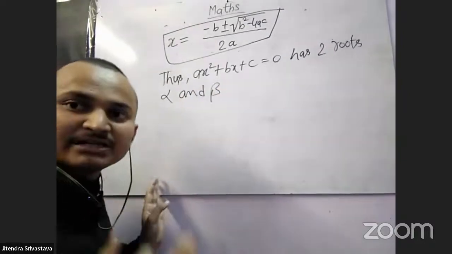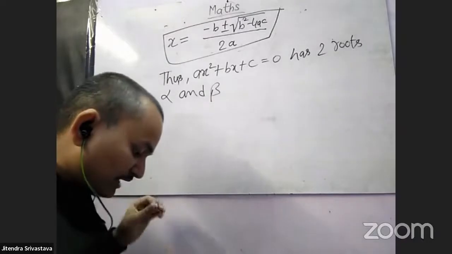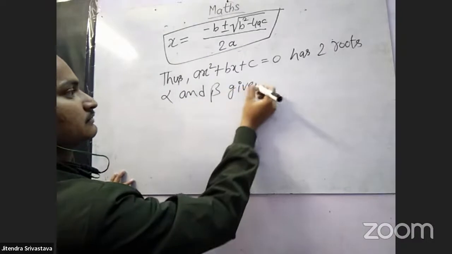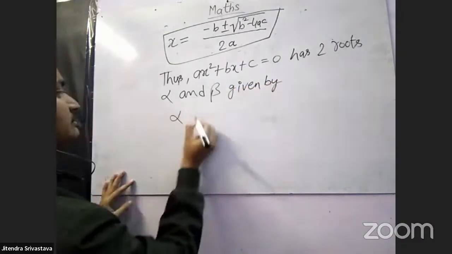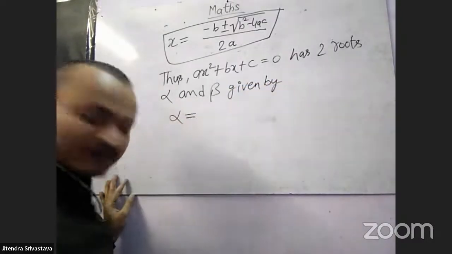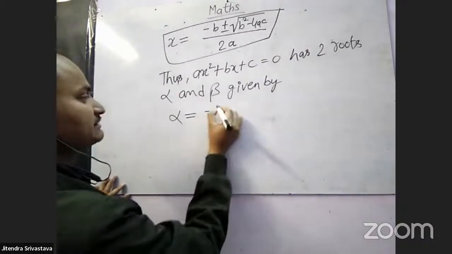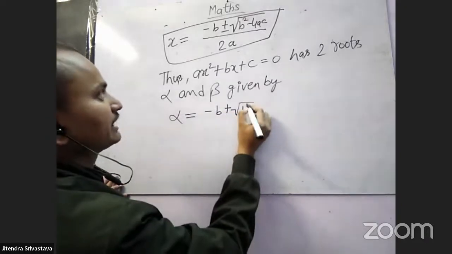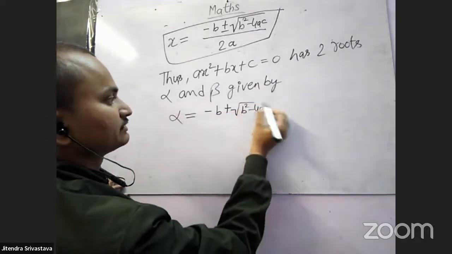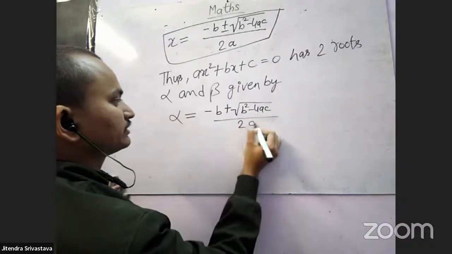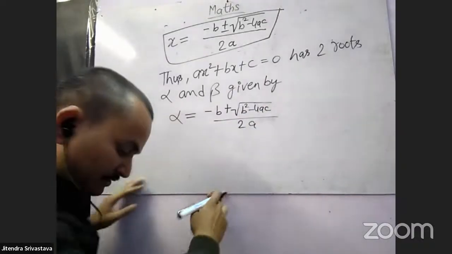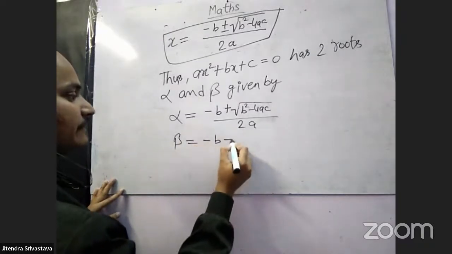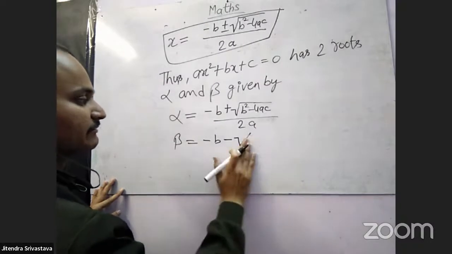And for alpha and beta, how do we find them? The formula is: alpha will be minus b plus, not minus here, only plus, square root of b square minus 4ac, upon 2a. And how will we find the beta? Beta will be minus b minus, not plus here, it will be minus only, square root of b square minus 4ac upon 2a.